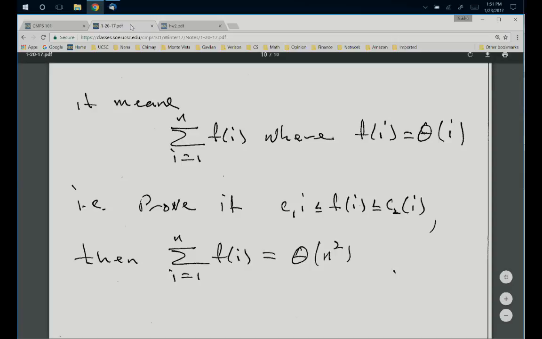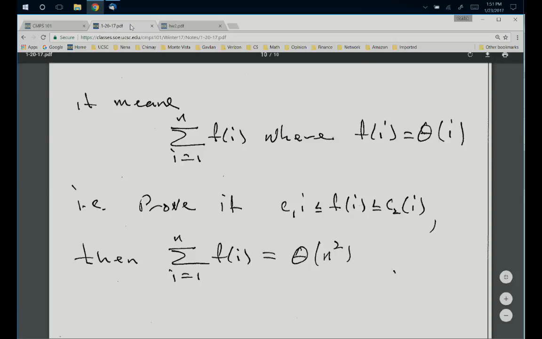And here are some exercises. Oh, maybe I should do what I did last time and put this side by side with the definition of big omega. Big omega g of n is functions f of n satisfying there exists positive c, there exists n naught, such that for all n greater than or equal to n naught, 0 less than or equal to c times g of n less than or equal to f of n.